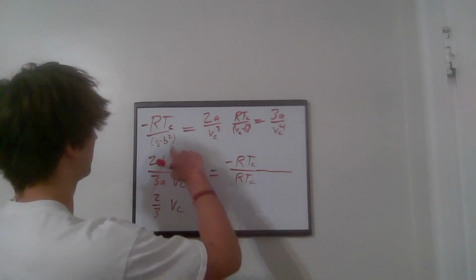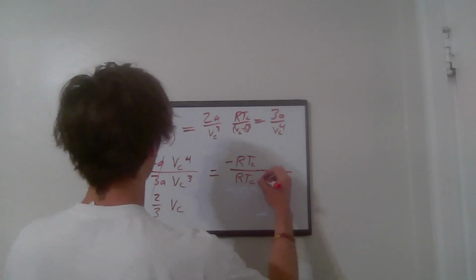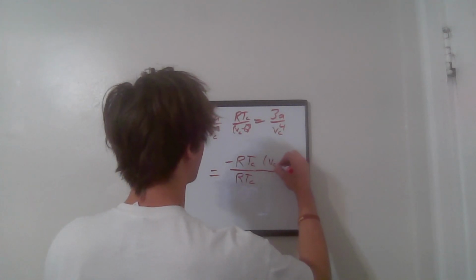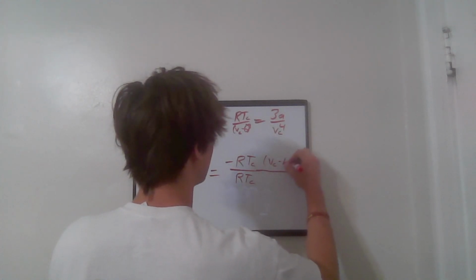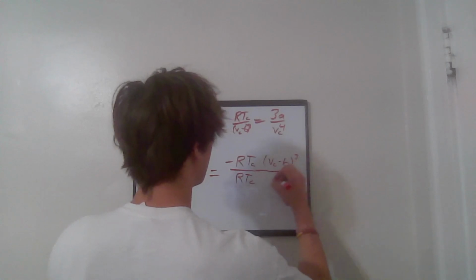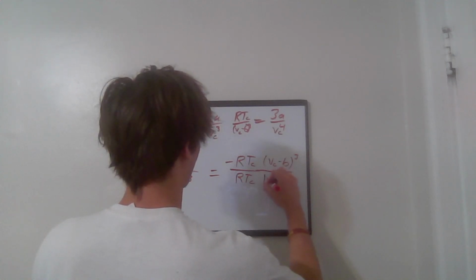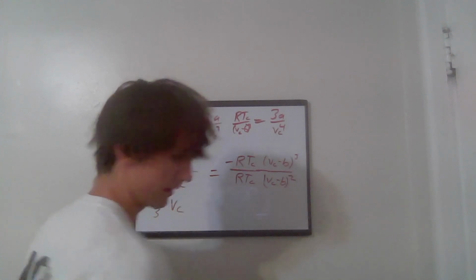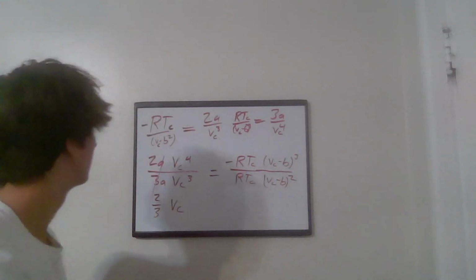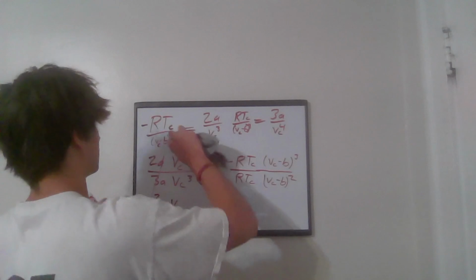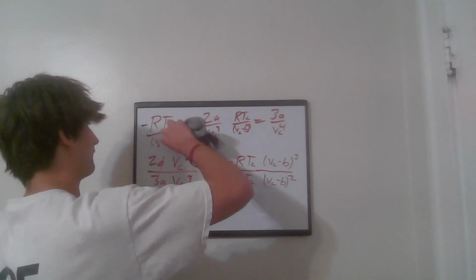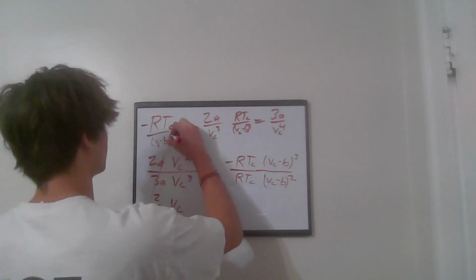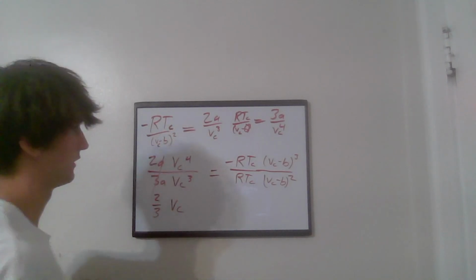And then up here we have our volume critical minus b cubed over our volume critical minus b squared. And I want to change this as well. This is going to be squared to the outside.